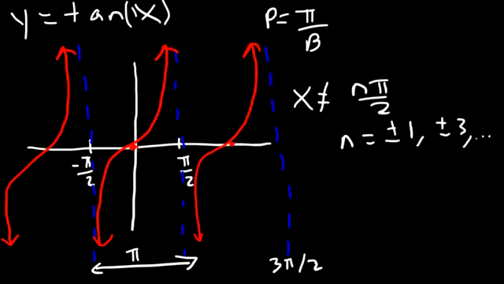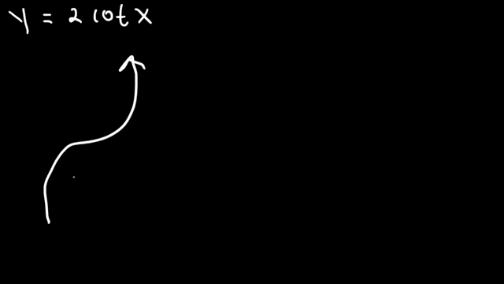Now, if you need to plot points, at a 45-degree angle, at pi over 4, the y value is going to be 1. And at negative pi over 4, the y value should be around negative 1, just in case you need points. So for example, let's say we wish to graph 2 cotangent x. Now we know tangent is an increasing function.